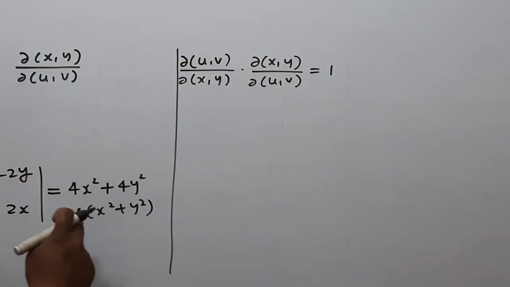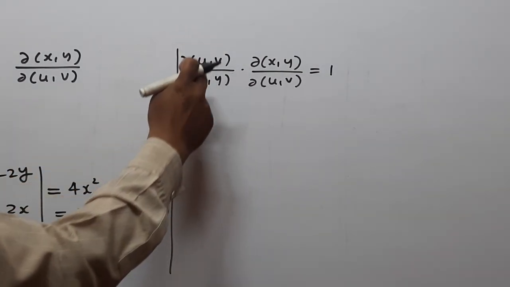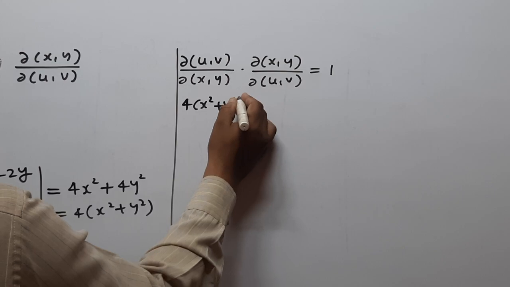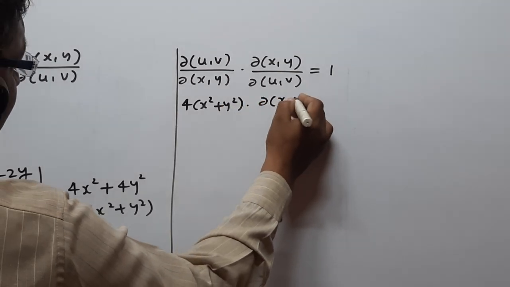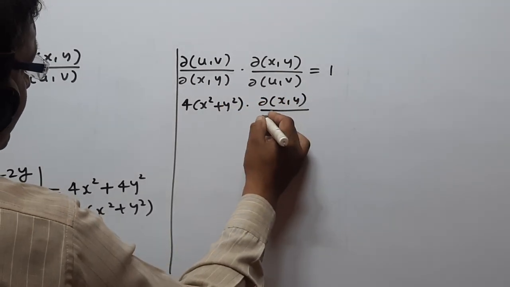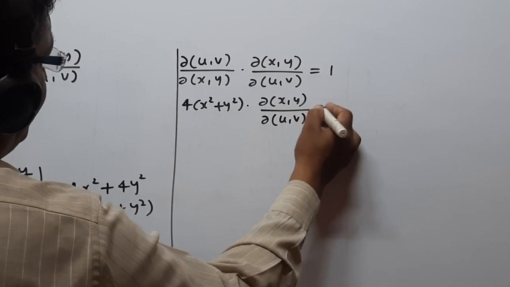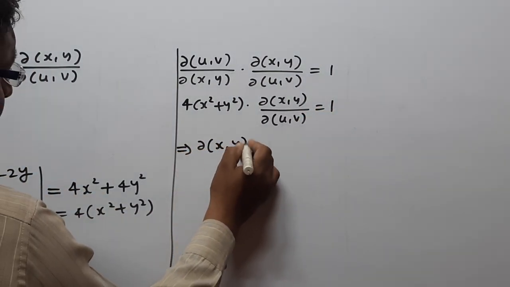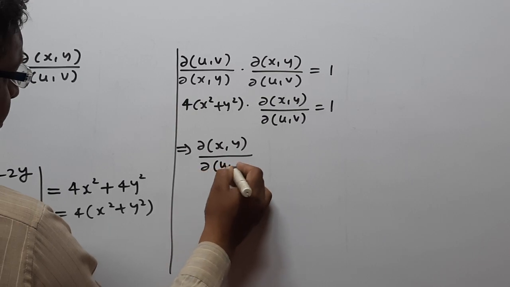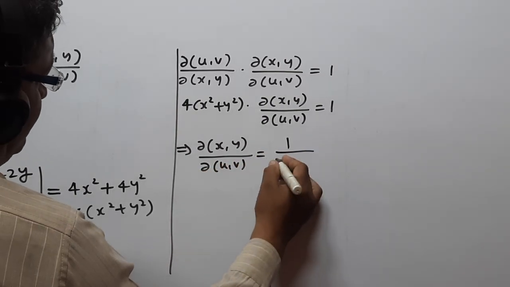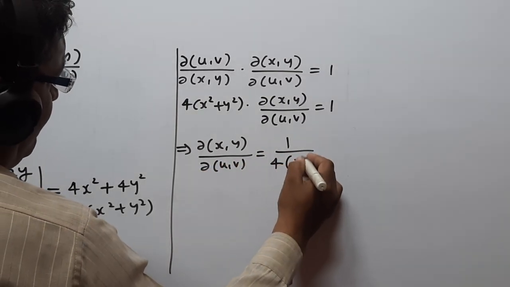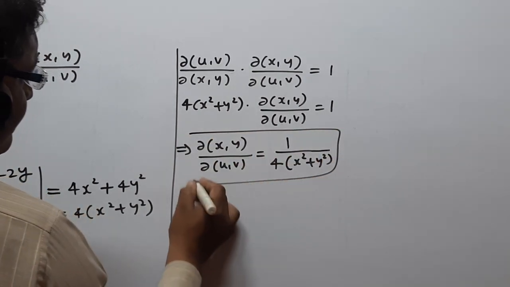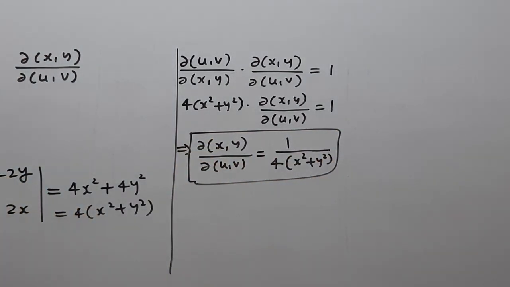We found the Jacobian of uv with respect to xy is 4 times x square plus y square, multiplied by the Jacobian of xy with respect to uv. So from here we can see that the Jacobian of xy with respect to uv is equal to 1 upon 4 times x square plus y square. So this is the answer here.